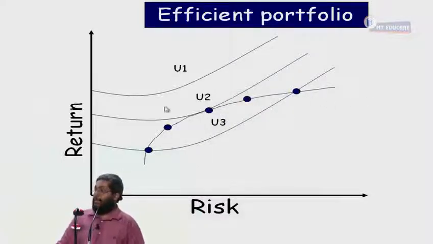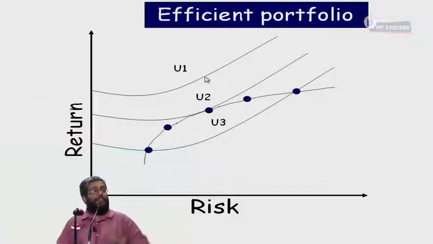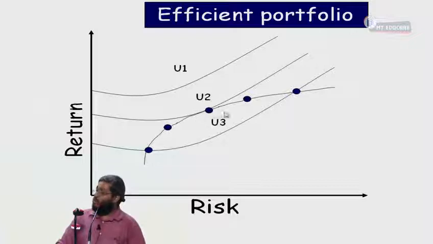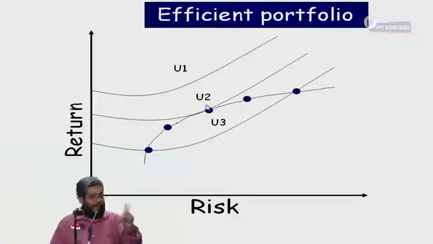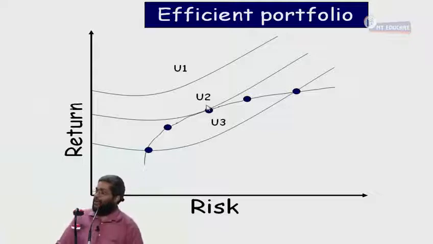Now, see, I don't have any security in the market that falls on U1. On the U2 curve, I can find one security in the share market called what? Portfolio 5. Yes or no? On the third utility curve, how many securities can I find here? Two securities. One is what? Portfolio 3 and portfolio 6.